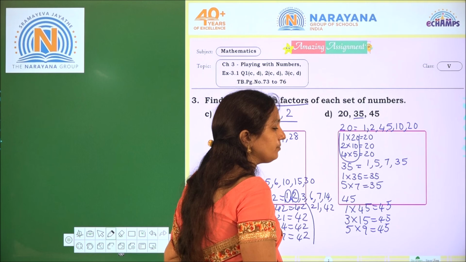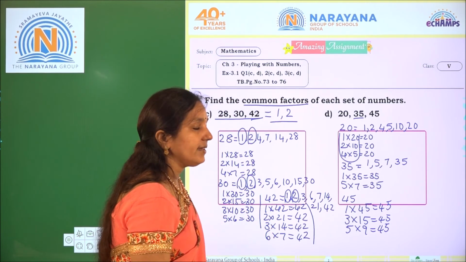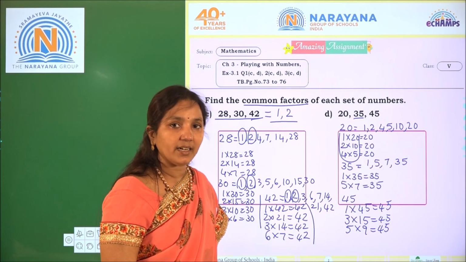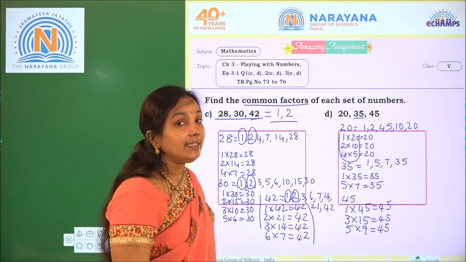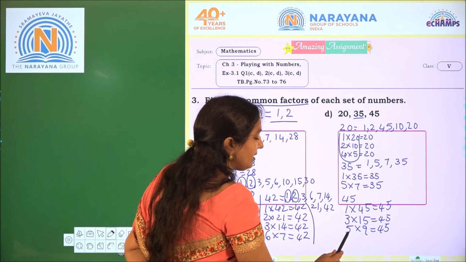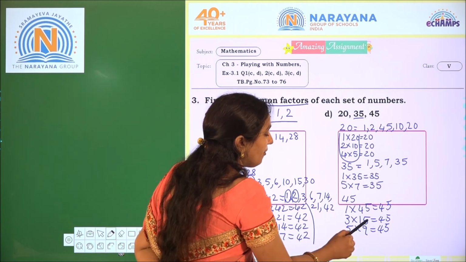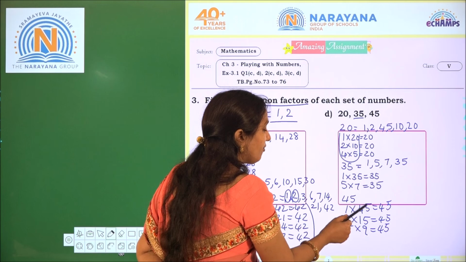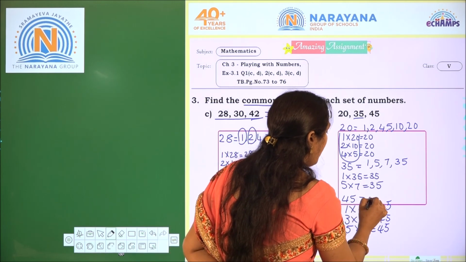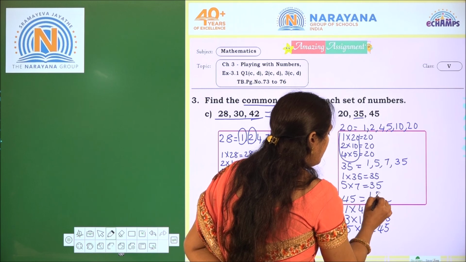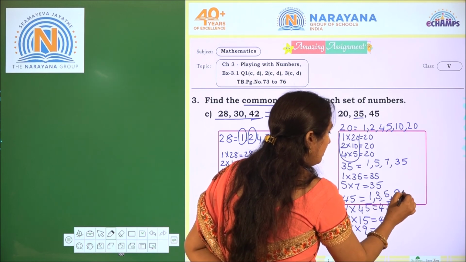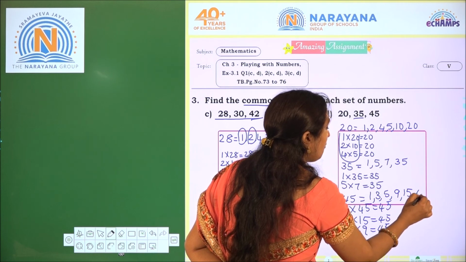In the 6 table, no. 7 is not a factor of 45. 8 is not a factor of 45. 9, yes, 9 5s are 45. 15 3s are 45. 45 1s are 45. So the factors of 45 are 1, 3, 5, 9, 15 and 45.